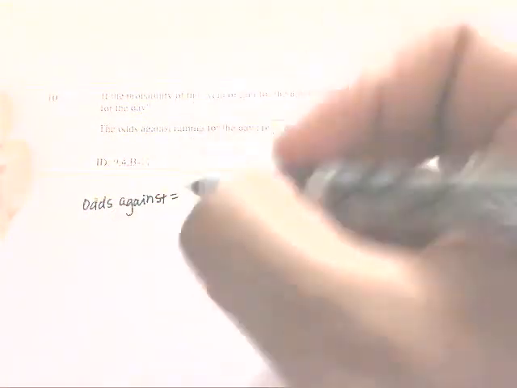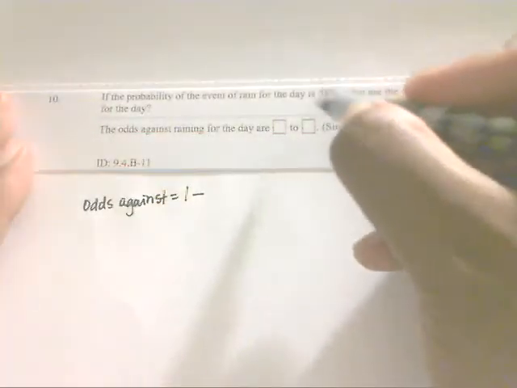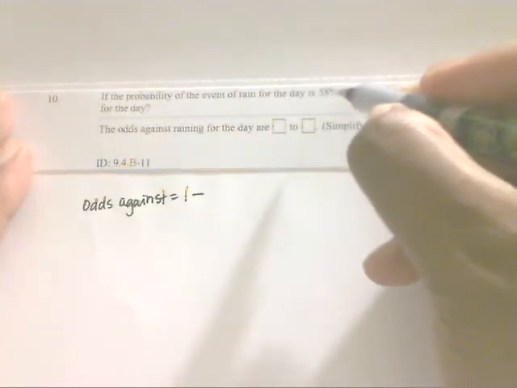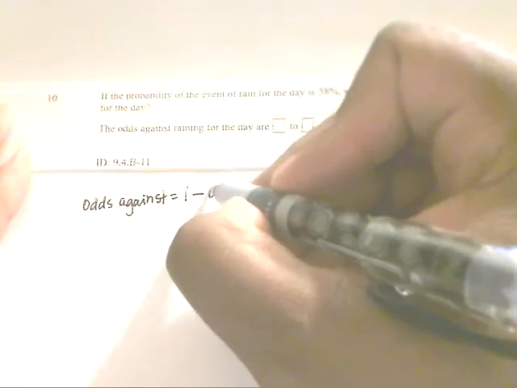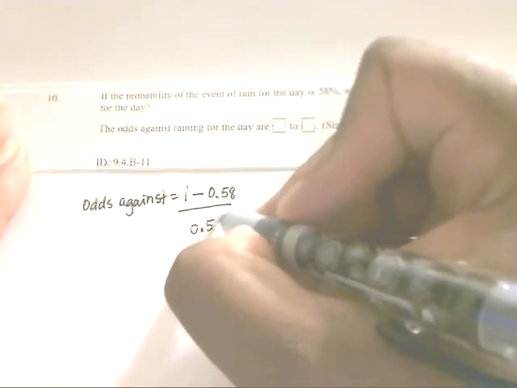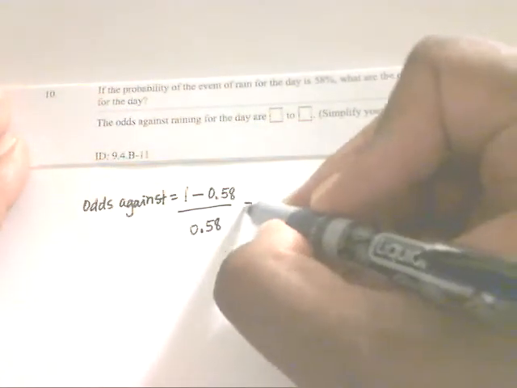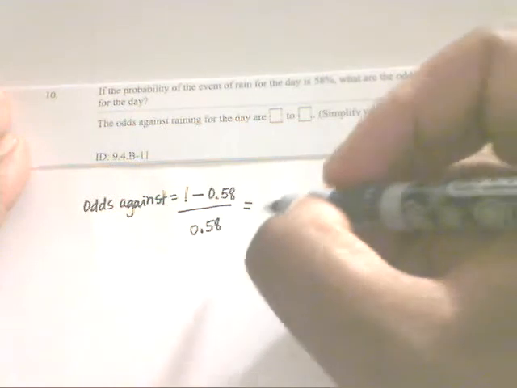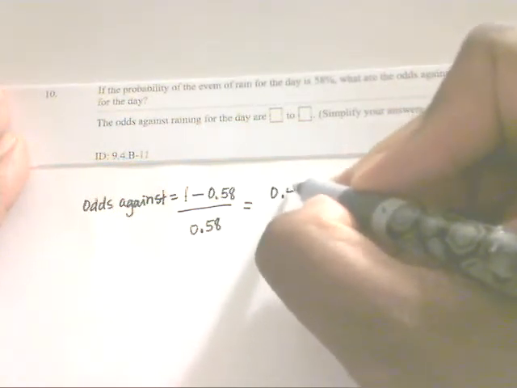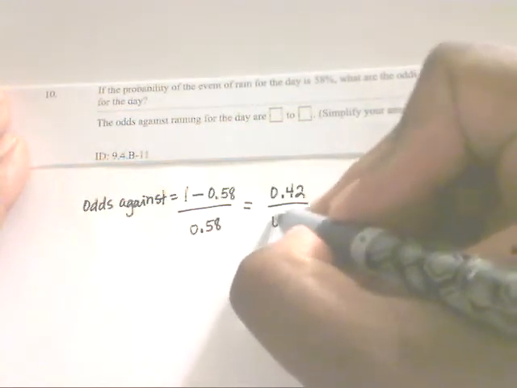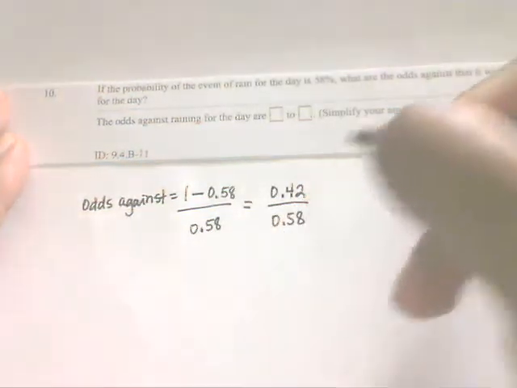Which is in this case 1 minus the probability of it raining, which is 58%, but as a decimal, that's going to be 0.58, divided by the probability of that event happening, which is 0.58. Okay, now think of this as $1 minus 58 cents, which will be 42 cents, or 0.42, divided by 0.58.